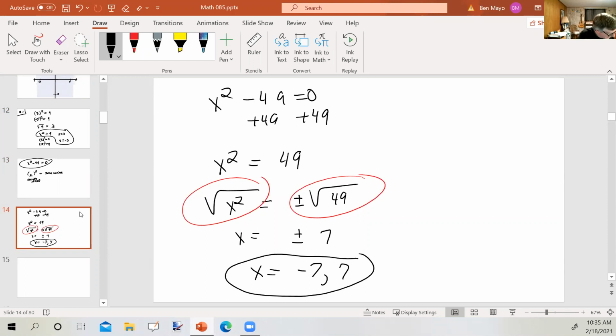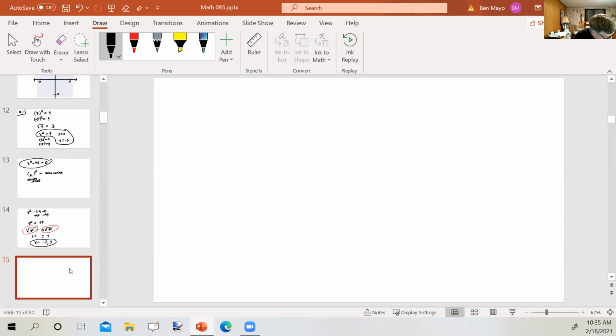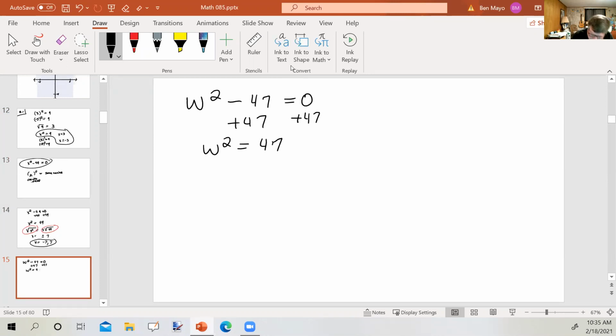Okay, let's take a look at some more examples. Let's say I have w squared minus 47 equals 0. So again, I'm going to isolate the term that is the variable squared. So I'm going to add 47 to both sides of the equation. So now I have a square containing a variable equal to some number.